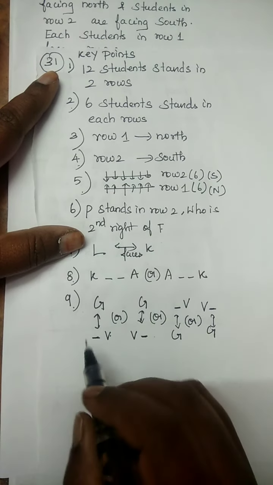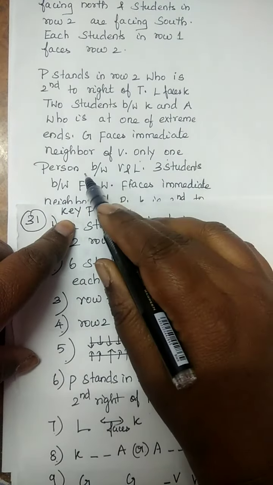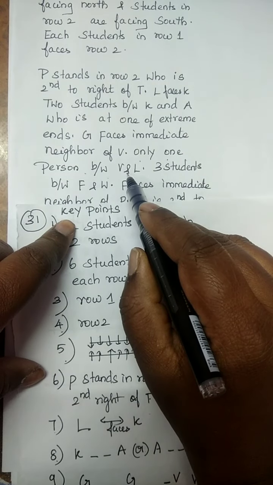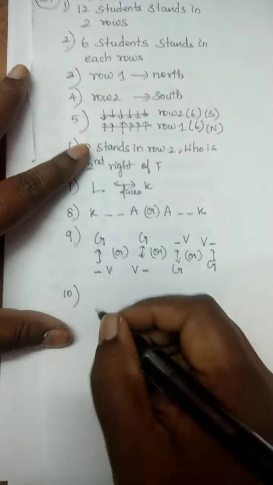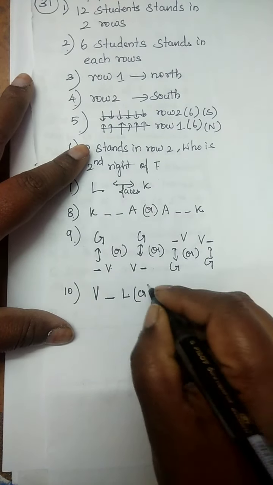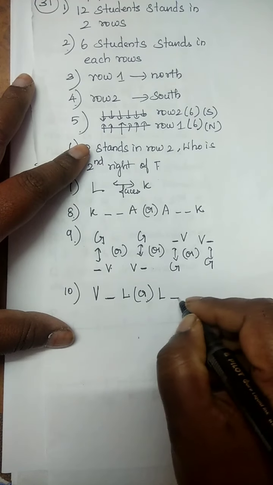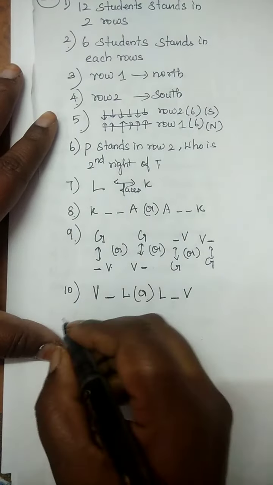Okay. Now the 10th clue is only one person between V and L. Either row 1 or row 2, we don't know that.